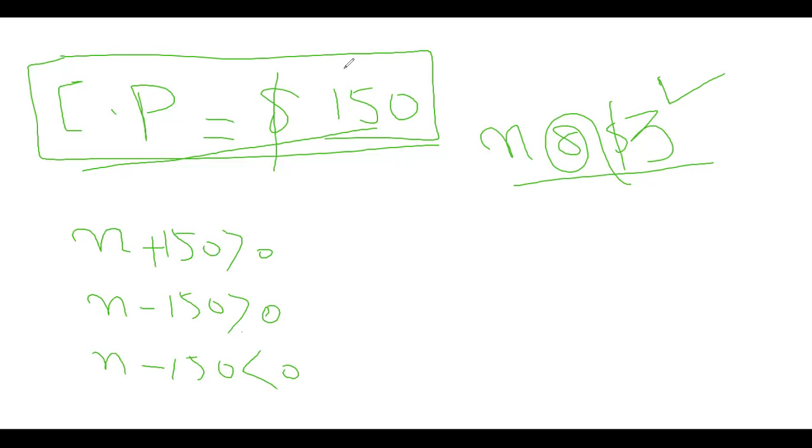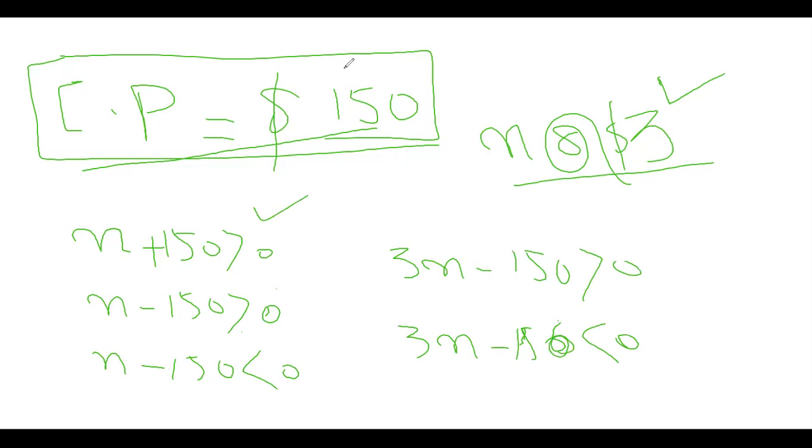One more choice: 3n minus 150 greater than 0. And the same with the less-than sign: 3n minus 150 less than 0. Out of all these four choices, you will have to select the right one. Now you have the four choices.